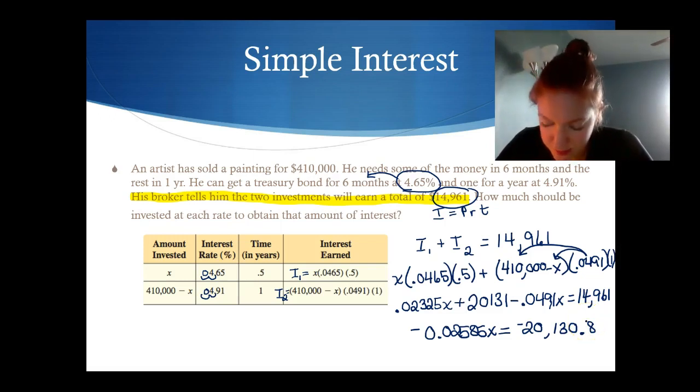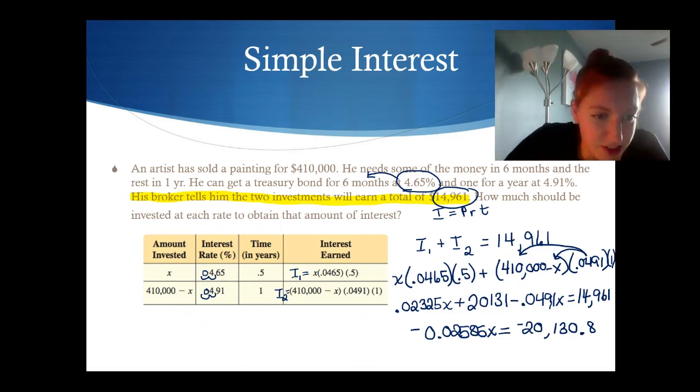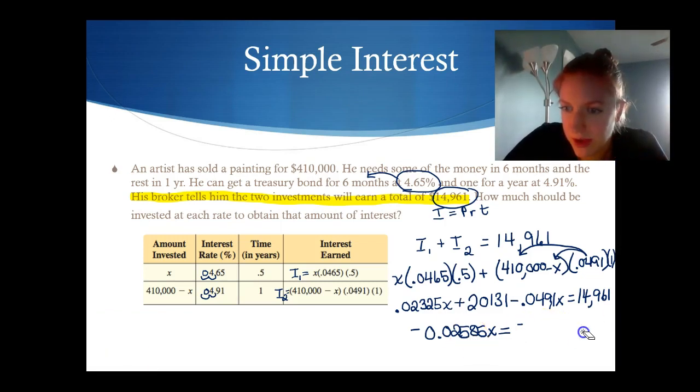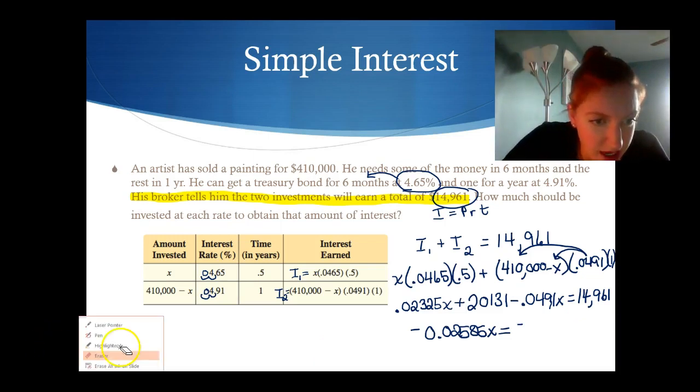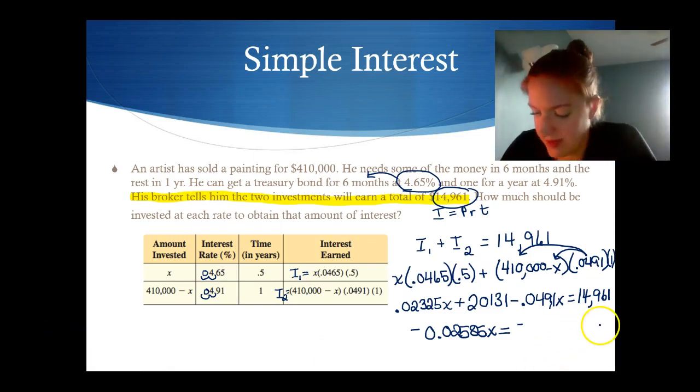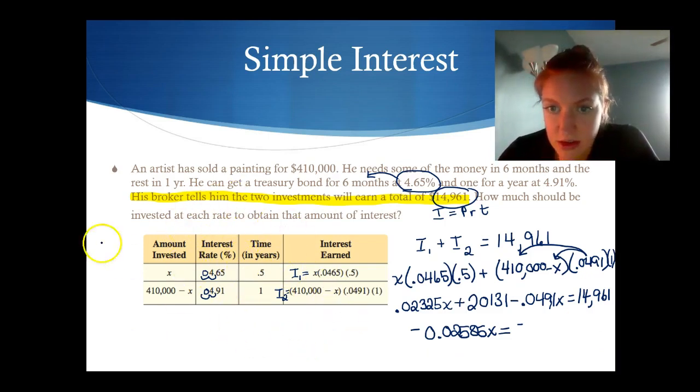Hold on, guys. Don't use decimals when you're trying to subtract. Let's get an answer which actually seems a little bit more reasonable. Does that sound good to everybody? Yeah? Okay, great. So let's go ahead and actually get the right answer. Negative 5,170. Divide that by the coefficient, negative 0.02585.